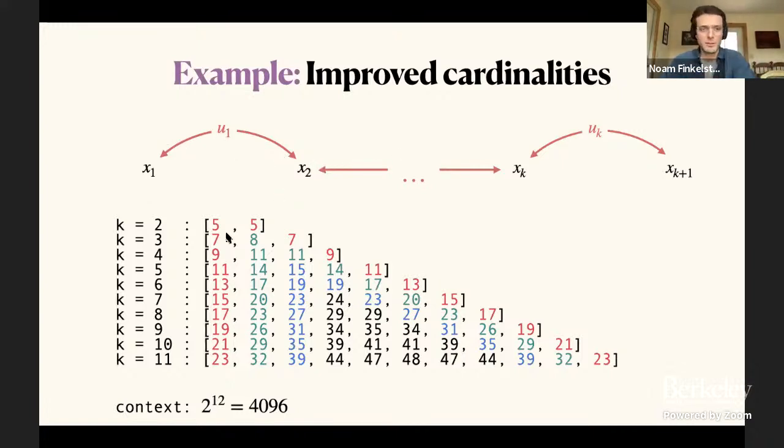But if you look, you'll see an interesting pattern: the cardinality of U1 scales linearly. For every increase in k, you increase the non-restrictive cardinality by 2. And U2 also scales linearly. For every increase in k, you increase it by 3. And in this case, it's by 4. And in this case, it's by 5, and so on.